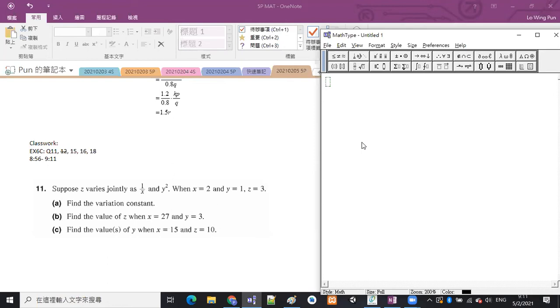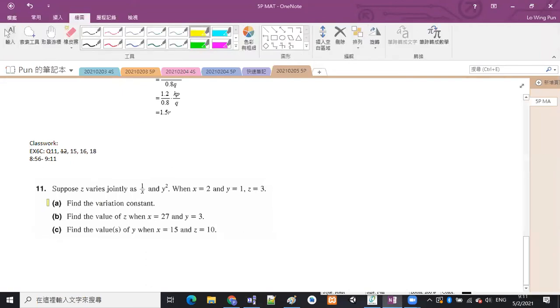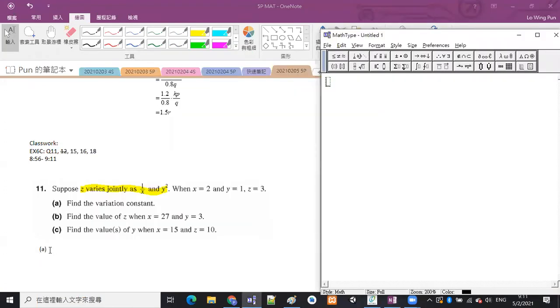Okay, let's check the answers. Question number 11. Suppose z varies jointly as 1 over x and y squared. It does not mention whether it is direct variation or inverse variation, so we should see this as direct variation.